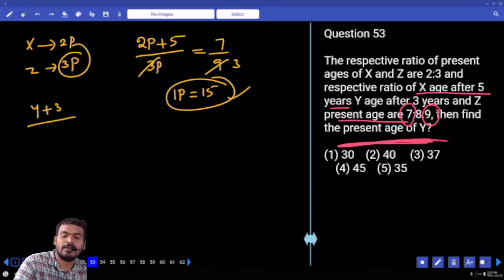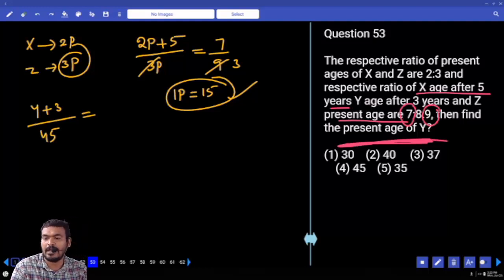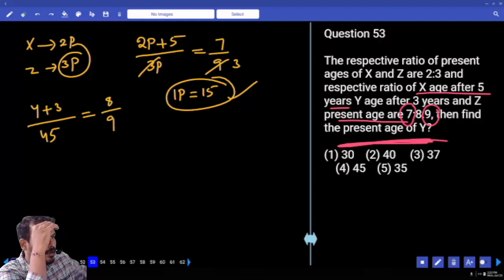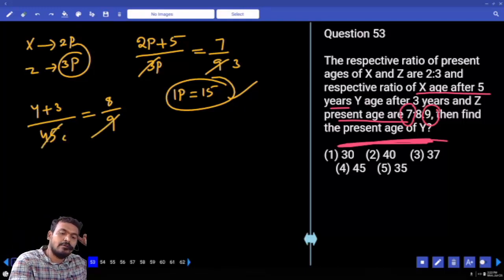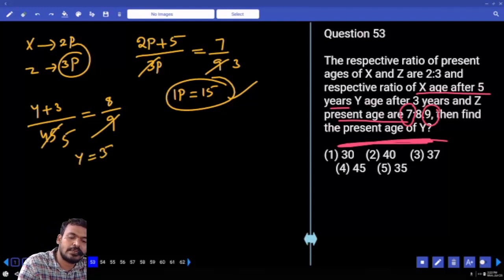What is the 1 part value? 15. 3 parts value 45. That is equal to what is the Y after 3 years value and Z present value? 8 by 9. We are not breaking the rule. Y plus 3 means Y future value. 45 means Z present value. Those two are in which ratio? 8:9. 9 how many times? 5 times. 5 8 is 40. Y plus 3 equal to 40. Y value 37.